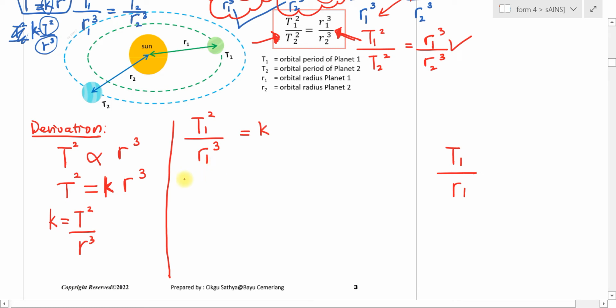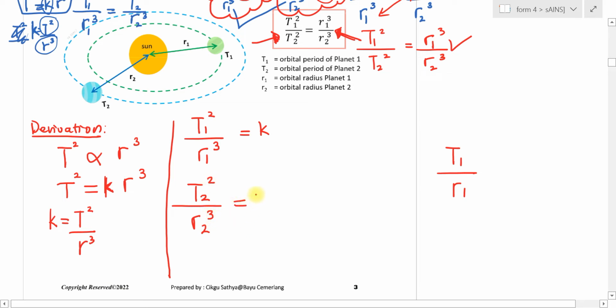And I try it with another planet. Another planet also has an orbital period 2 and a radius 2. Same thing, I apply Kepler, that is square the period, cube the radius.